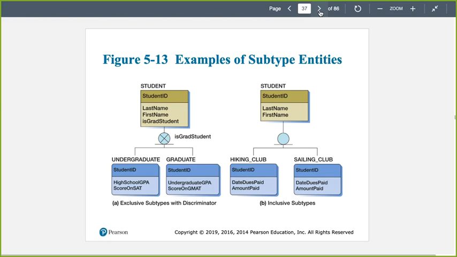So the business question will be: if you are running this particular university, are you going to allow a student to register or sign up for two programs in your school, so they can be called both a graduate student and an undergraduate student, right? So that will be the question.